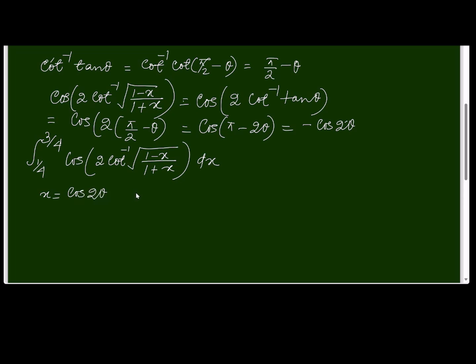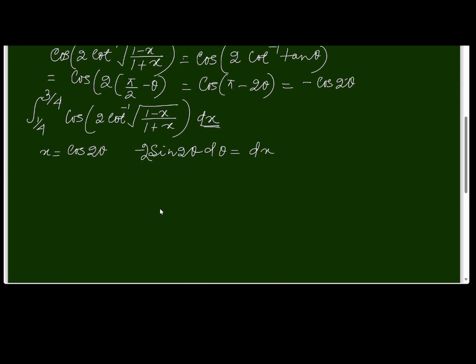So minus sine 2 theta into 2 d theta is equal to dx. So in place of dx I put minus 2 sine 2 theta d theta. Since it was in x, now I am writing in theta, so I am not taking the limit. Temporarily I am taking the limit as alpha to beta.